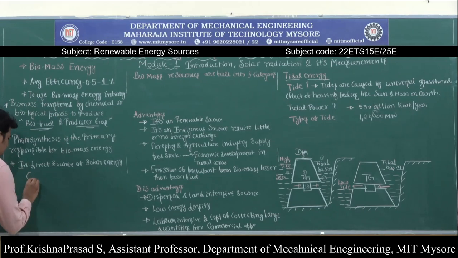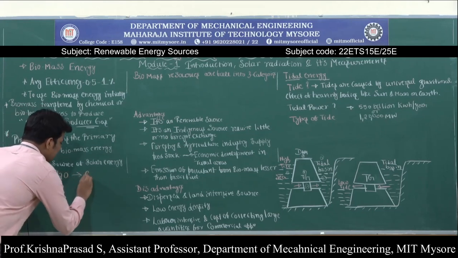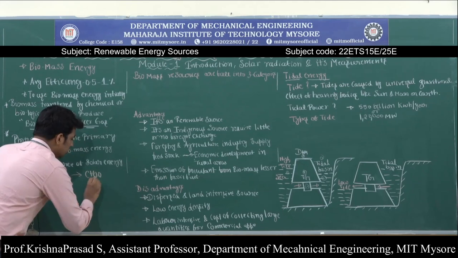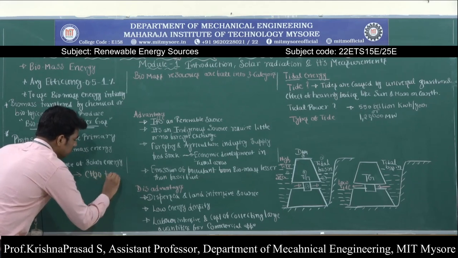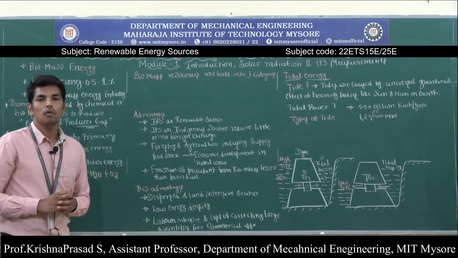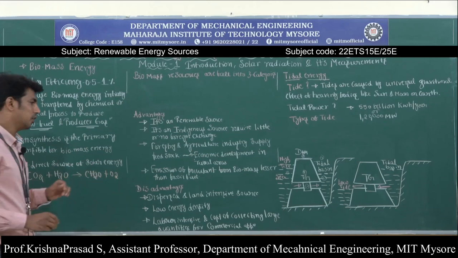Observe here, initially carbon dioxide plus water are converting into organic molecules like CH2O plus oxygen, and this is the basic molecule for carbohydrates, and it will be stable at low temperature.